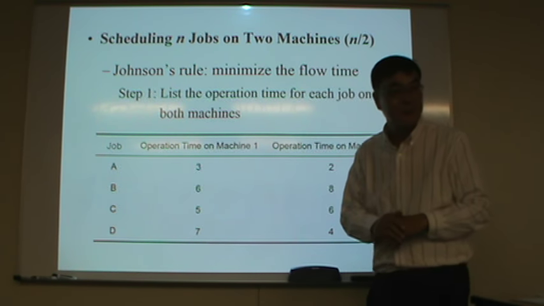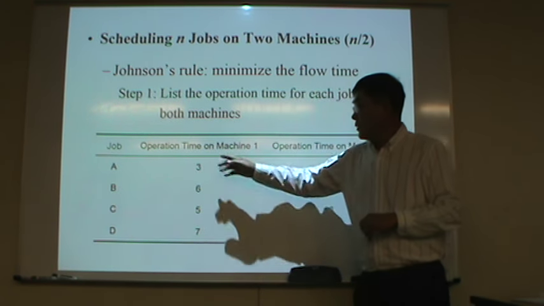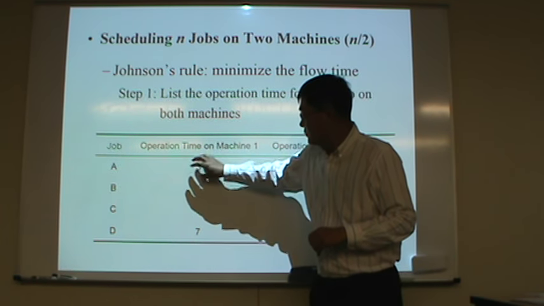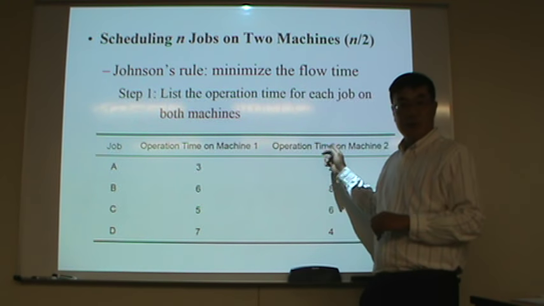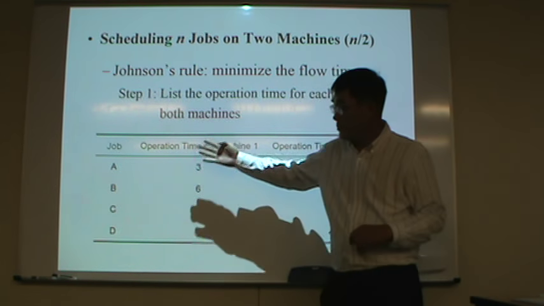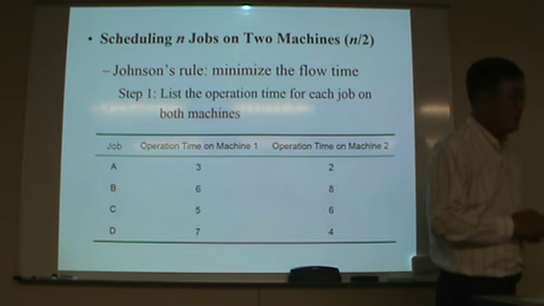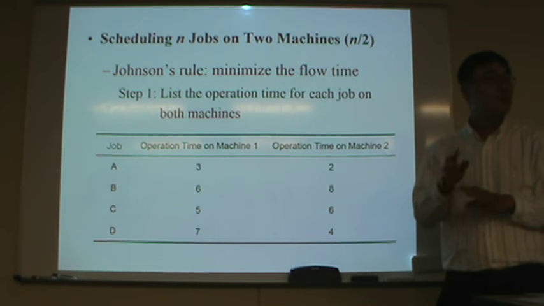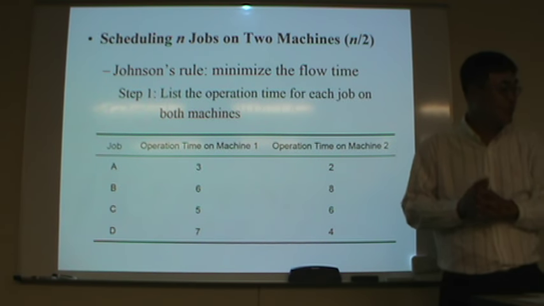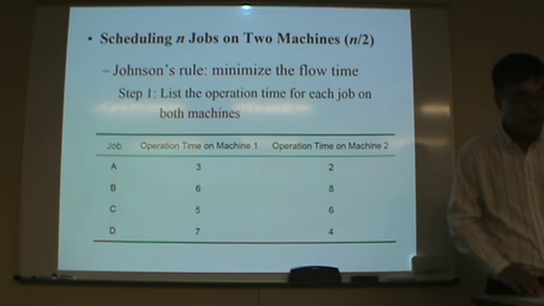Something like this. So first machine does the job, and then it goes to second machine, and then multiple jobs like this. Then, how can we schedule to make faster? Maybe cheaper too.